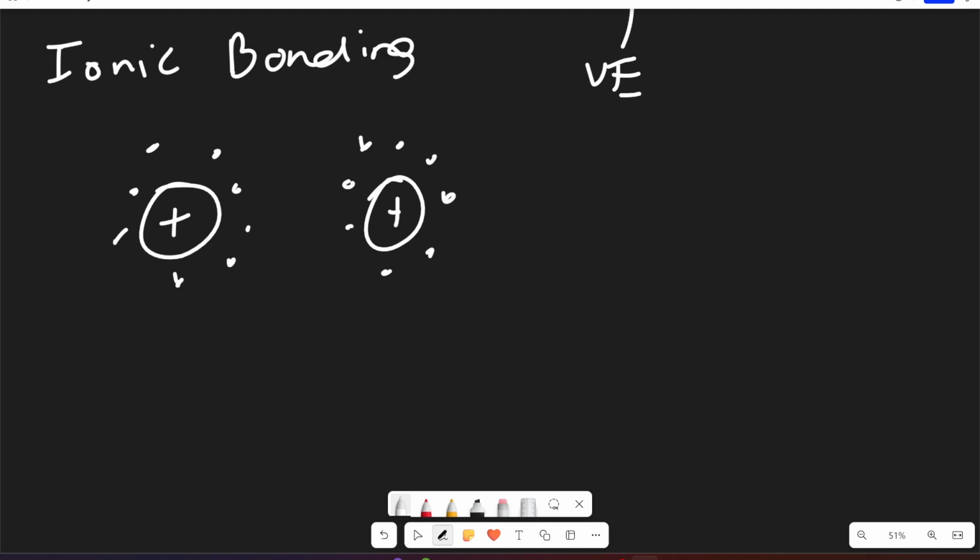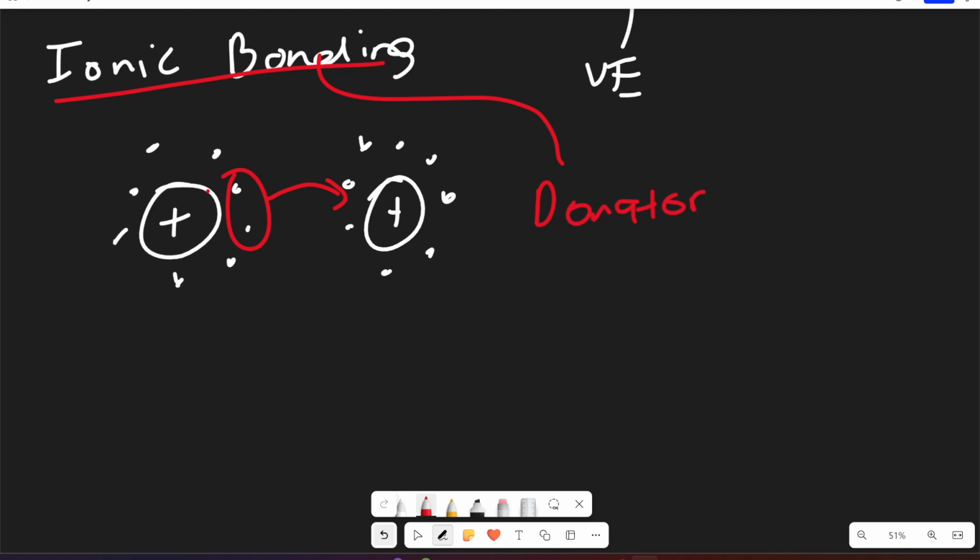So in ionic bonding, essentially one of these atoms is going to donate its valence electrons to the other atom to create a bond here. Or it can actually also go the other way around, where these valence electrons go over here. So in ionic bonding, there's going to be an electron donator and then an electron acceptor.